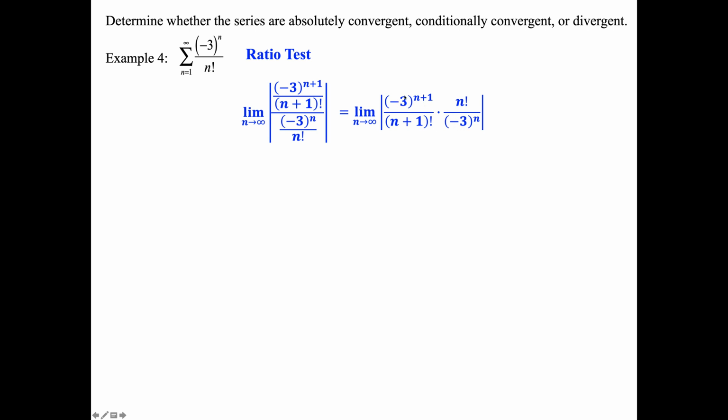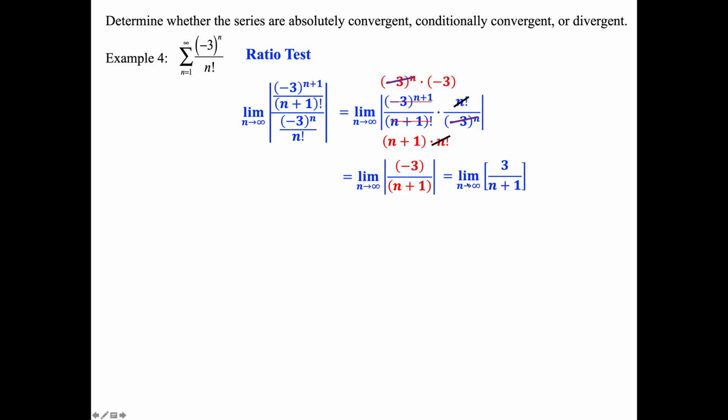So for example, up here, if I take out a negative 3, so negative 3 to the n times negative 3 to the first, now I can cancel the negative 3 to the n powers. My n plus 1 factorial, if I break that down to n plus 1 times n factorial, then I can cancel the n factorials. I'm left with the absolute value of negative 3, which becomes just 3, over n plus 1, which is going to be positive anyhow because we're starting with n equals 1.